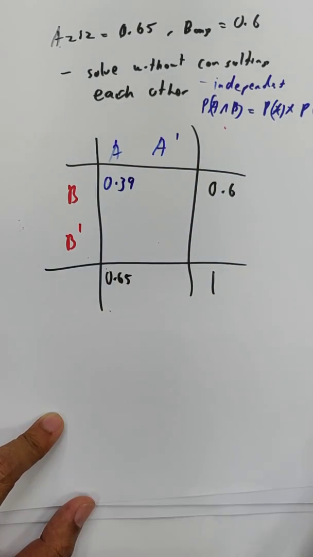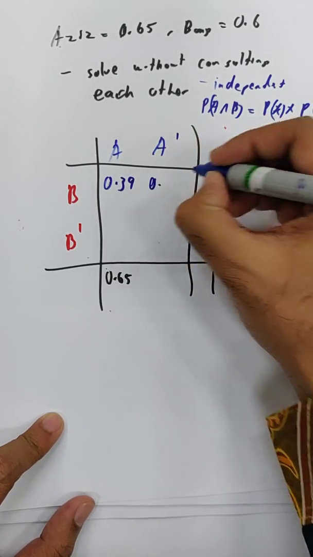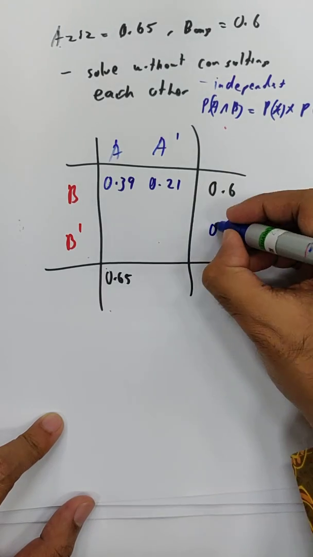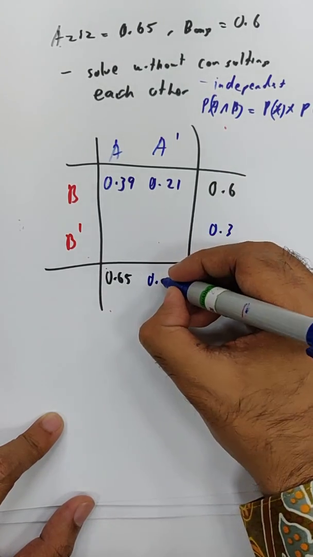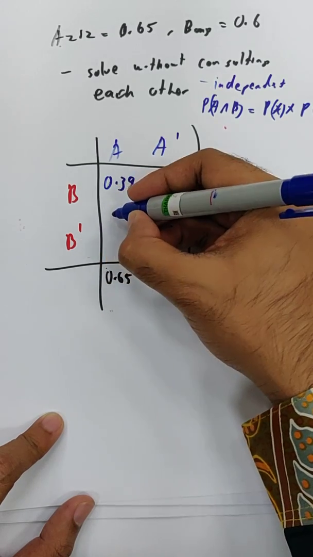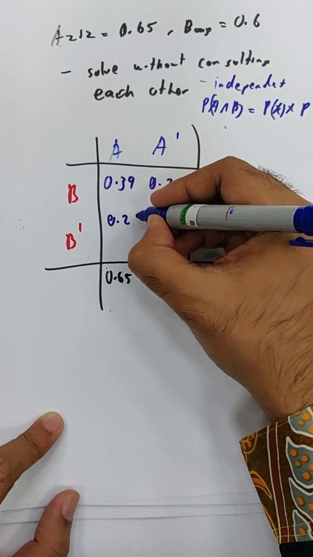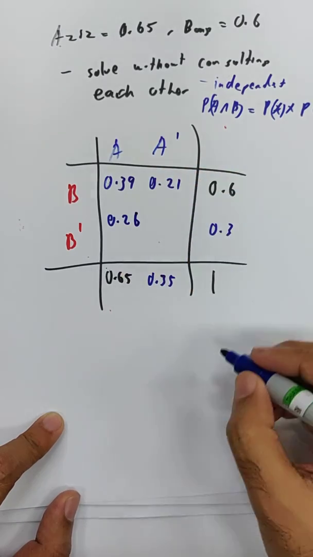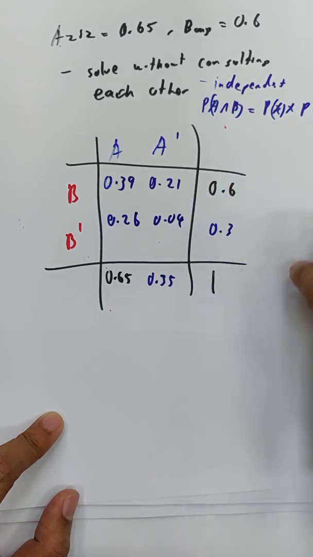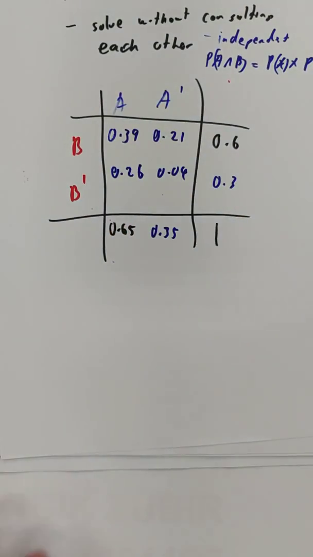If you're just filling up the rest, over here will be 0.21, 0.35, 0.04. And then from here it's quite clear for you to solve them.